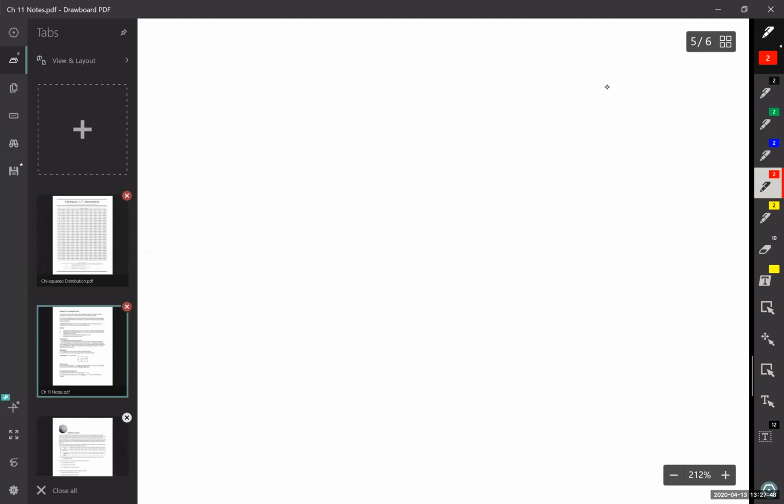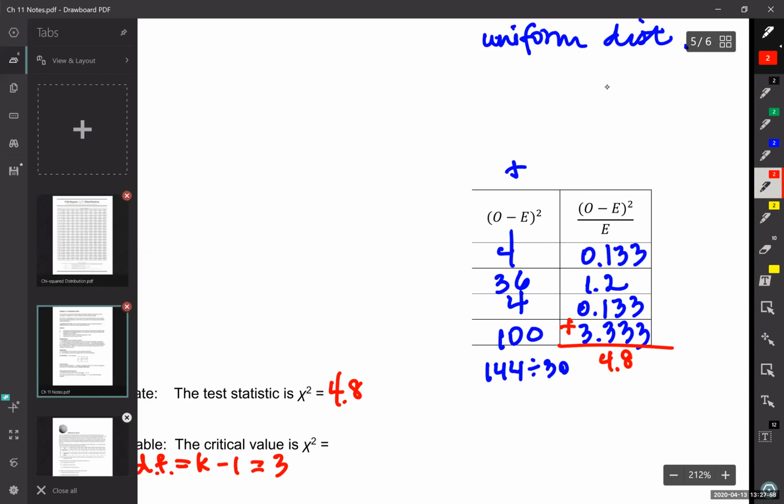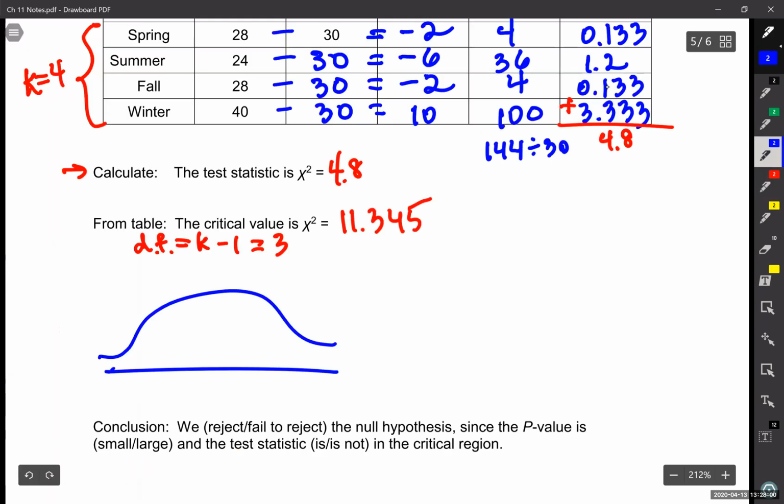All right, and I need a picture. So we have from the table 11.345. Where is our chi-squared? That's a little misleading because they're both called chi-squared. But where is our test statistic? That's a better question. The test statistic is 4.8.